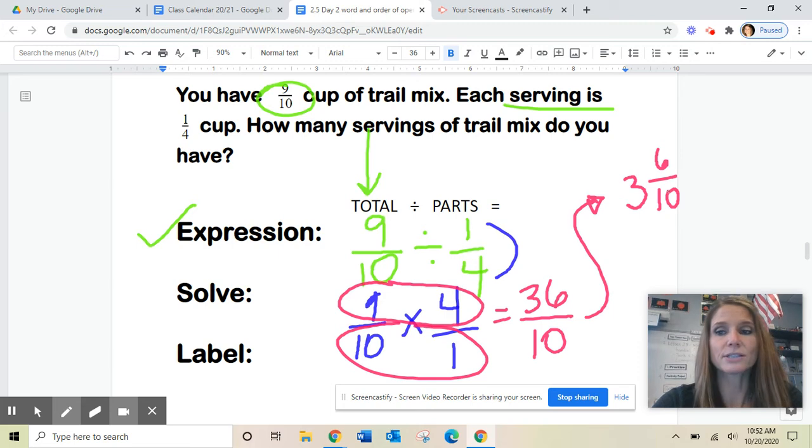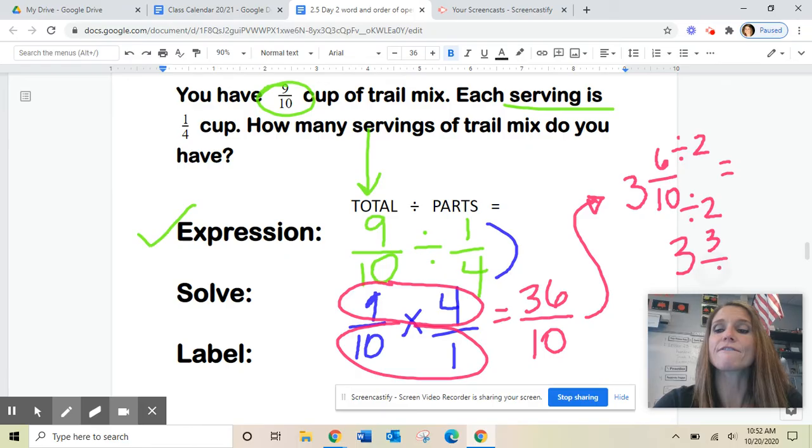That fraction, 6 and 10, are even numbers. Even numbers are always able to be divided by 2s. So you can make 3 and 3/5 servings. Or you could feed yourself 3 whole servings of trail mix and a little bit of extra trail mix on the 4th day.